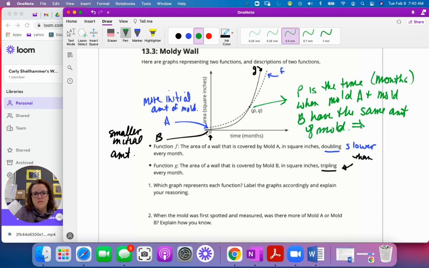And that amount of mold is Q square inches of mold.